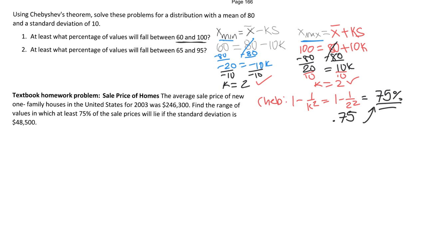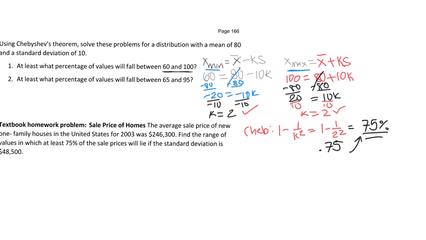You may have noticed that if you think of it number line wise, here's 60 and here's 100 and the average is 80, and the standard deviation is 10, then one standard deviation would be 90, and another standard deviation would go from 90 to 100 because it does differ by 10.